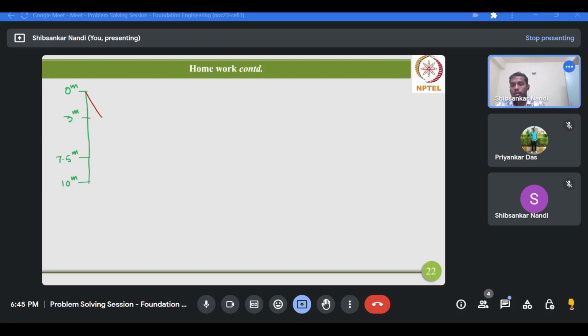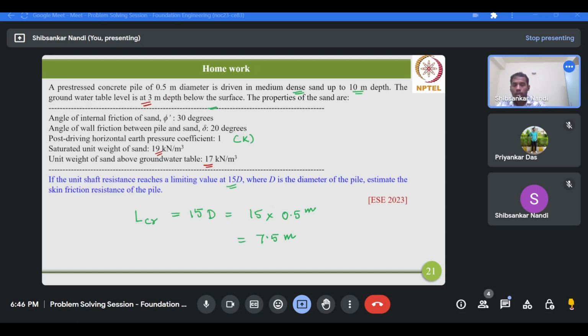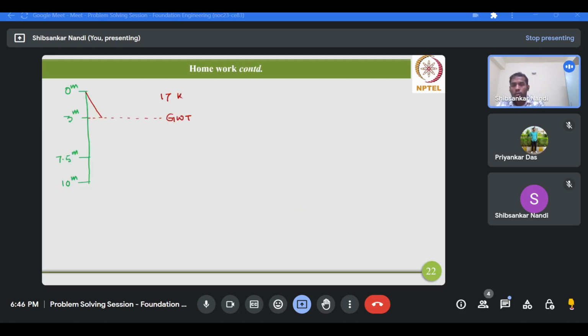So this is gamma sat. Obviously, if we consider the unit weight of water as 10, the submerged unit weight would be 9 kilonewton per meter cube.